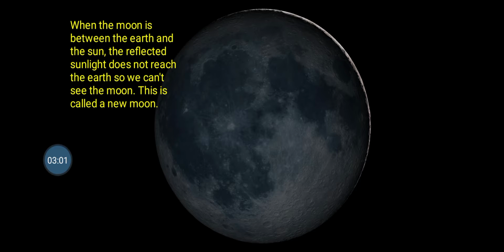This is called a new moon. There may be nights when you look at the sky and you can't see the moon and the night is pitch dark. Those are times when the moon is actually there in the sky but we can't see it because the sunlight that's falling on the moon does not reach the earth.